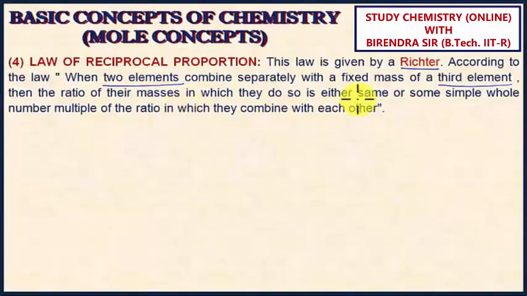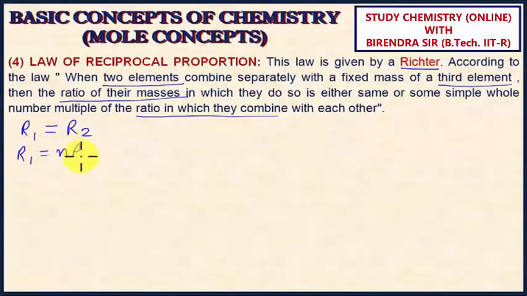The law says two ratios. Here it is ratio 1. Here it is ratio 2. So two ratios according to the law are either same or multiple of each other.